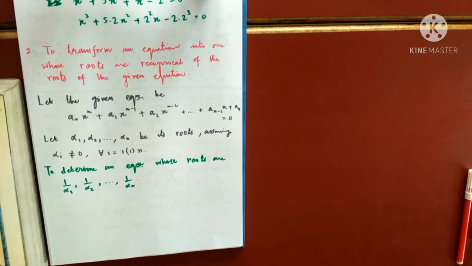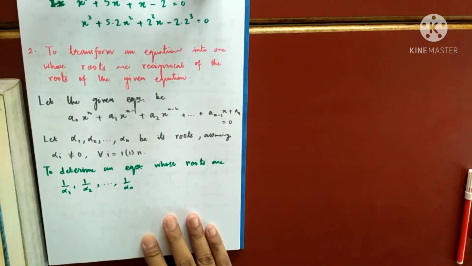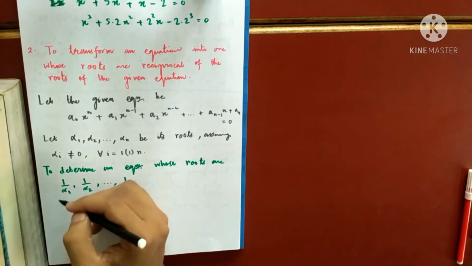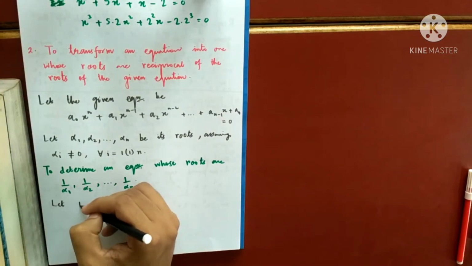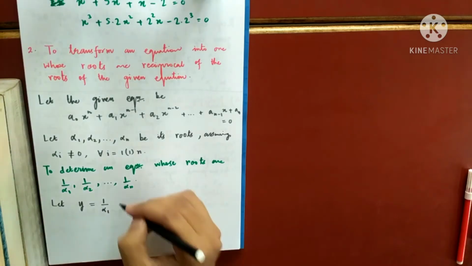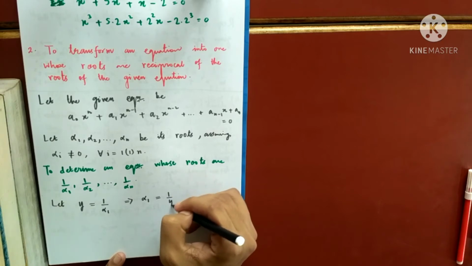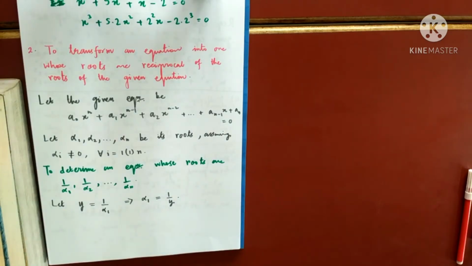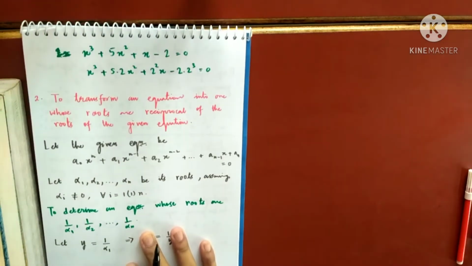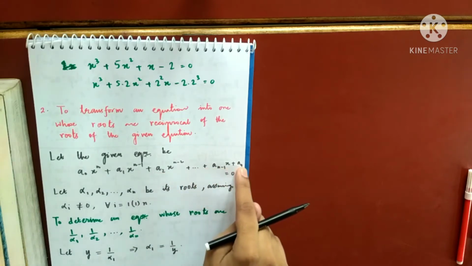Now you see what I'll do. Let y equals to, you suppose y is 1 by alpha 1. Okay, so from here, what will be alpha 1? It will be 1 by y. Now, as I had done in the last class, because alpha 1 is the root of this equation, alpha 1 will satisfy this.